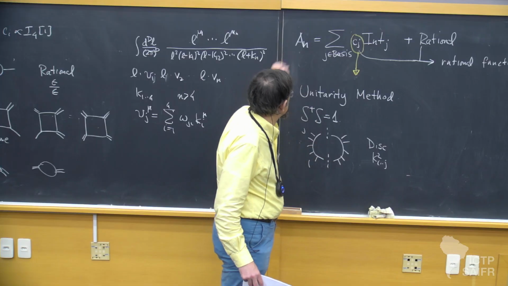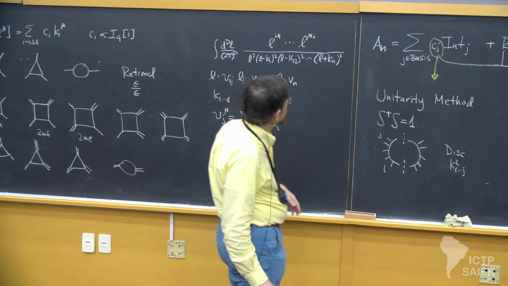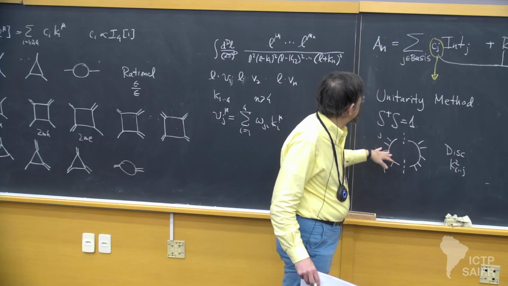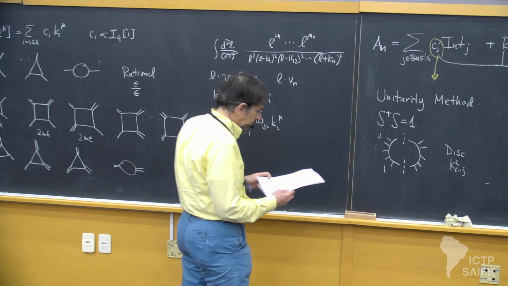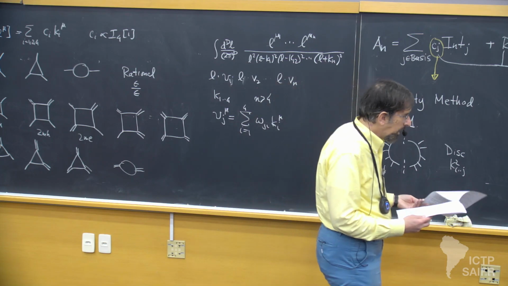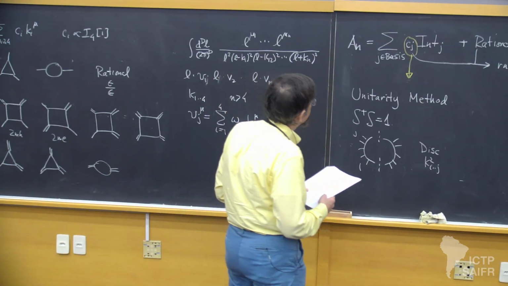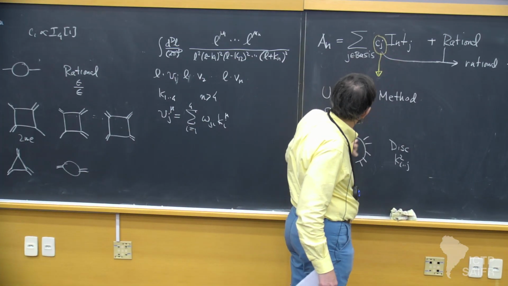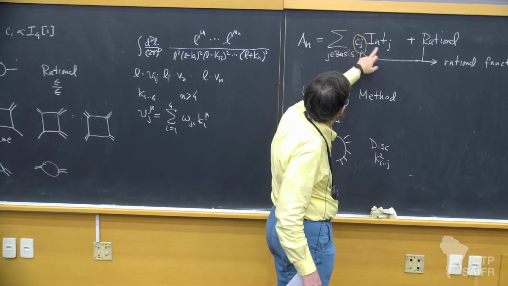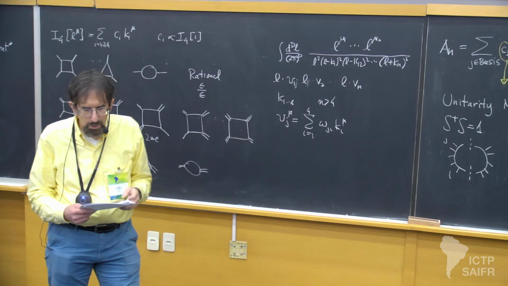And on the left-hand side, we would get the discontinuity of the amplitude, which we can express as a phase space integral over tree amplitudes. But of course there'll be some integrals that lack one or both of the specified propagators, and they will simply drop out of the equation.